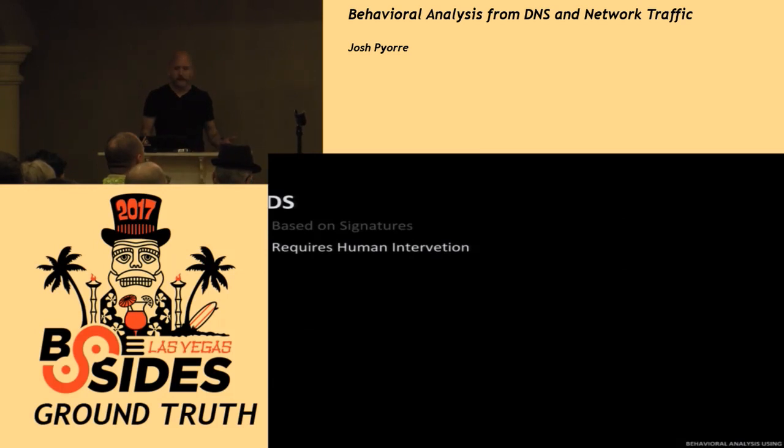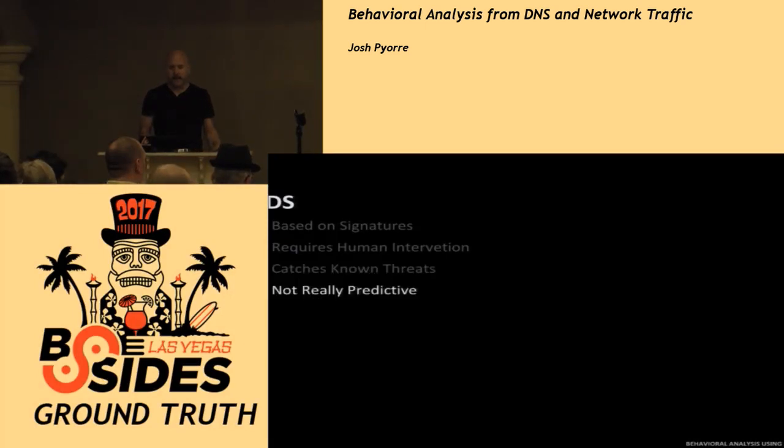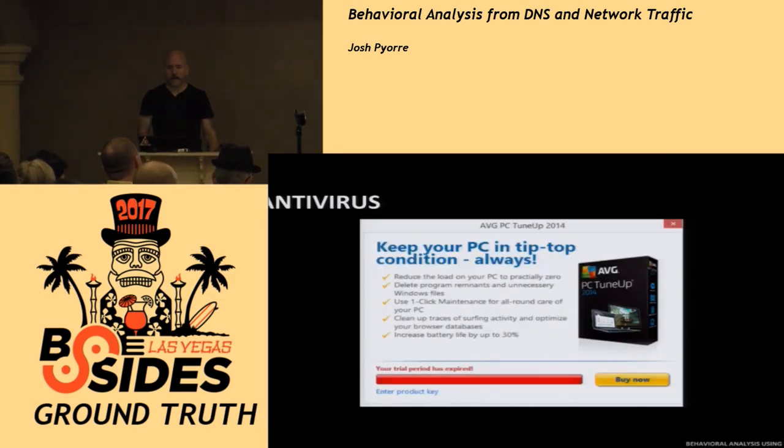Requires human intervention, so you need to see something that has already happened or know about something that could potentially happen and try to guess what's going to happen on the wire. So it catches known threats.